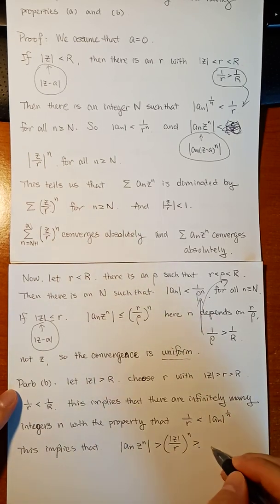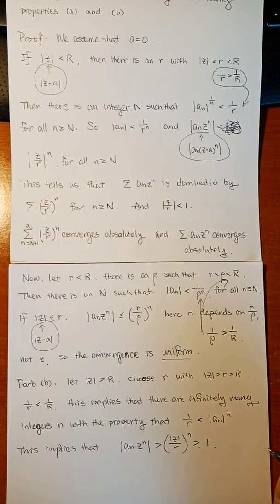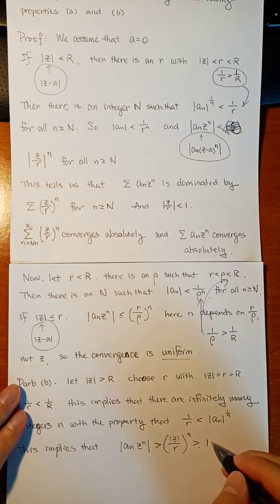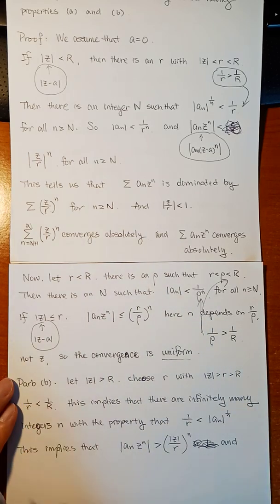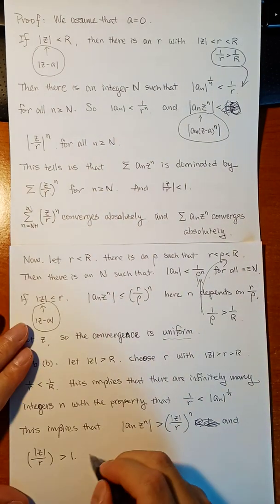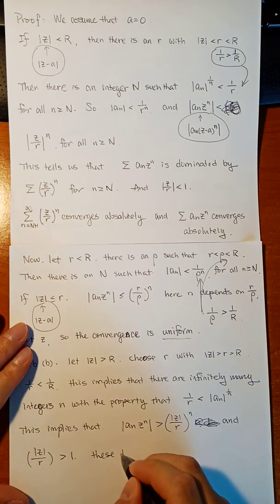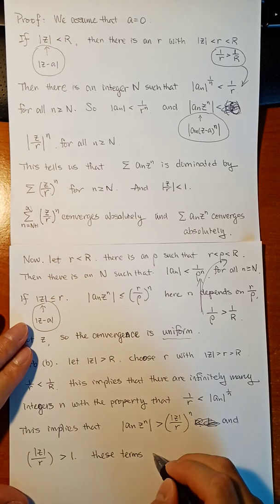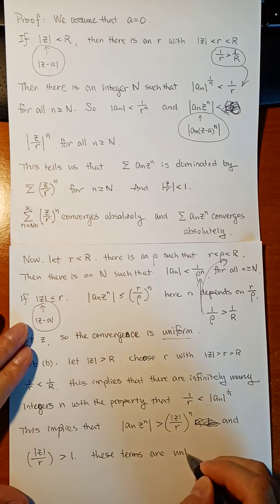But this ratio is greater than 1. If the ratio is greater than 1, you take the nth power, it will be unbounded. These terms are unbounded.